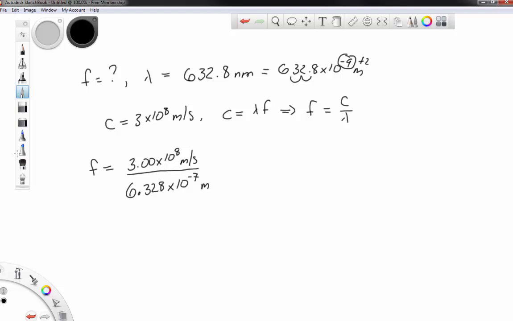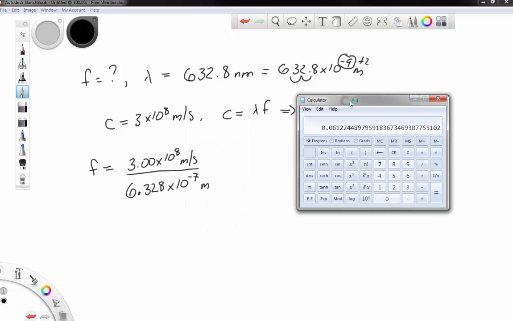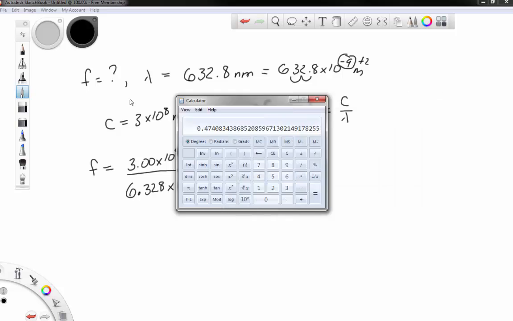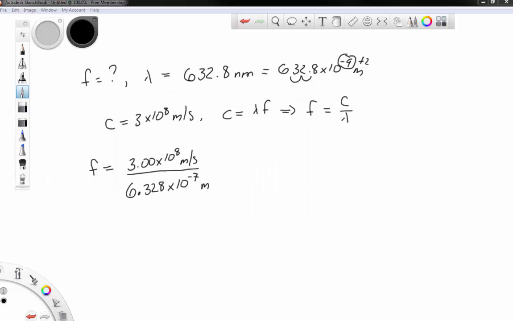So now we should pull out the calculator, and it's 3 divided by 6.328, which gives us 0.474.